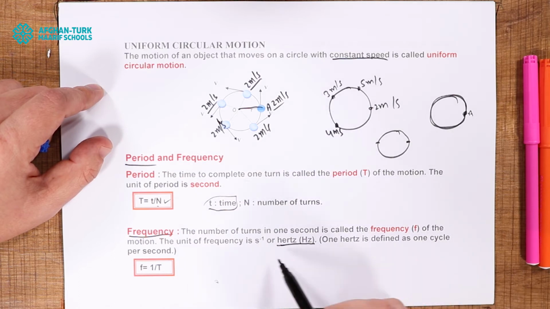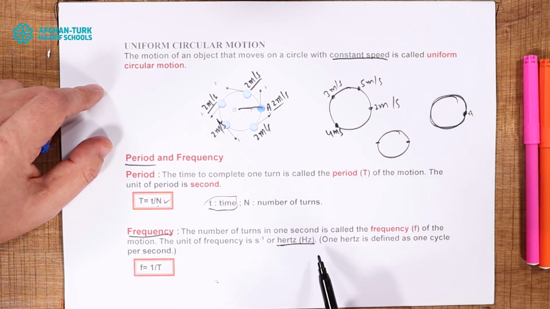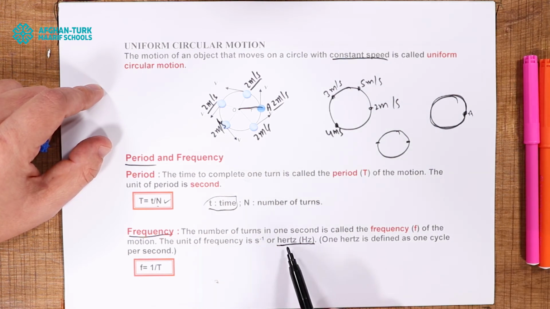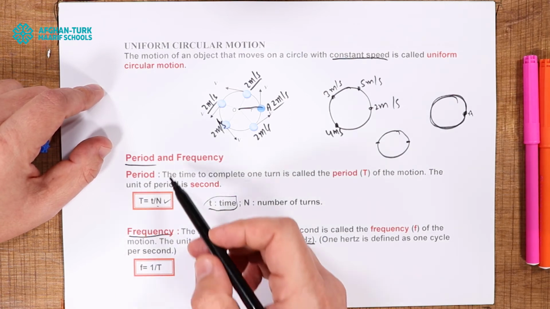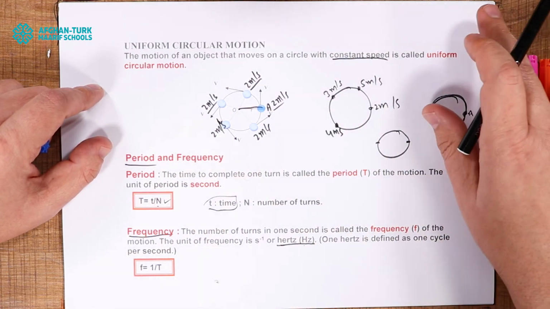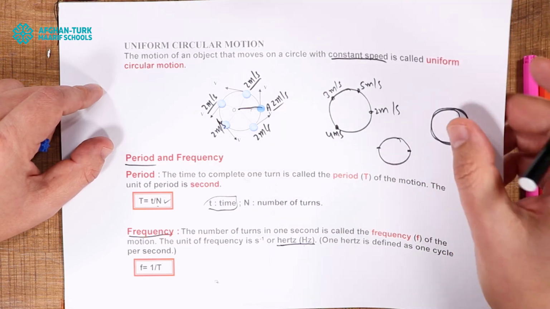In waves there are many different types of frequency we use for different types of motion, but the unit is the same. It is denoted by Hz. 1 hertz is defined as 1 cycle per second. So this is frequency, and this is time period, in uniform circular motion.